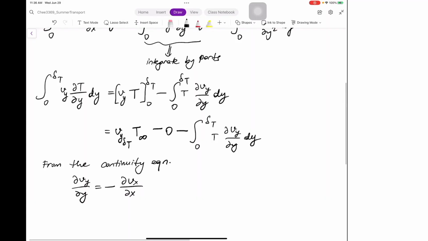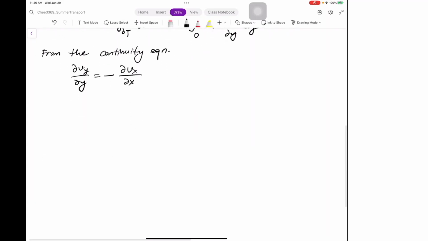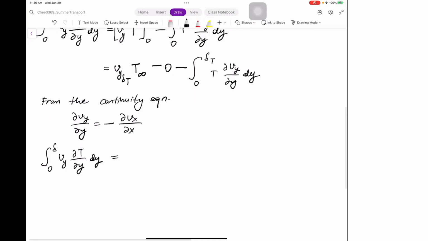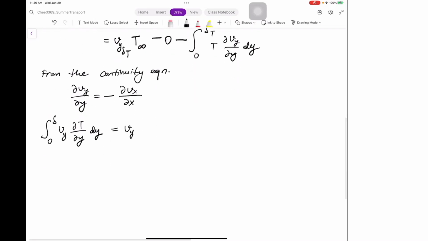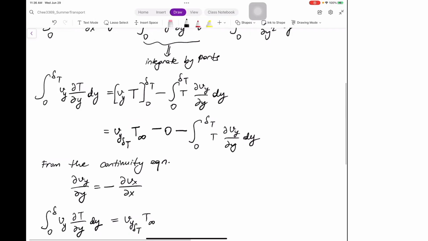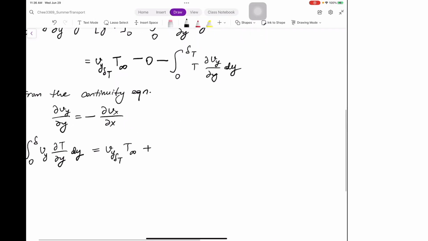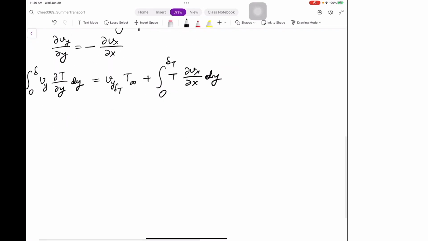Thus, the term that we integrated by parts becomes equal to minus minus makes plus, this minus and this minus, the integral of T del Vx over del x dy from 0 to delta T.